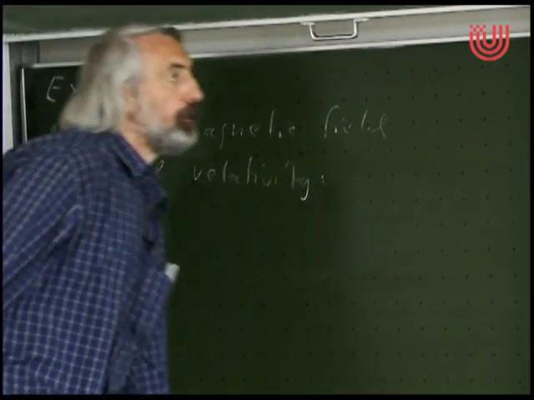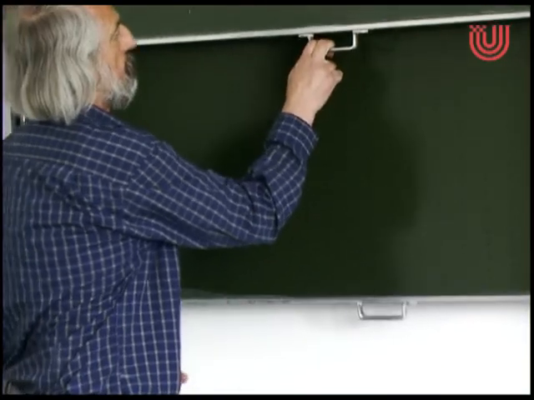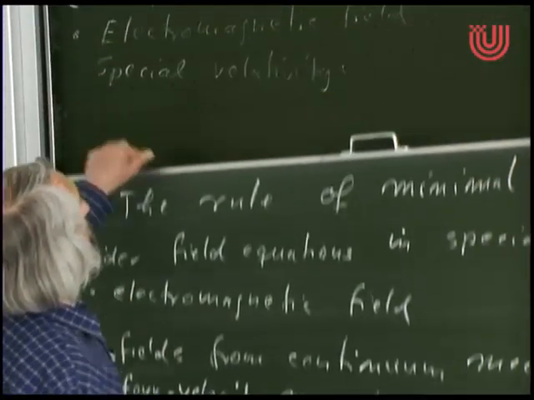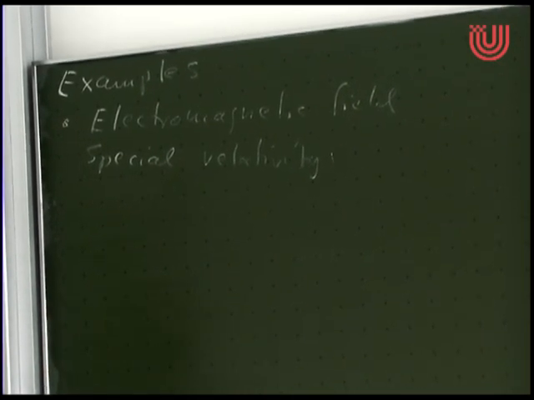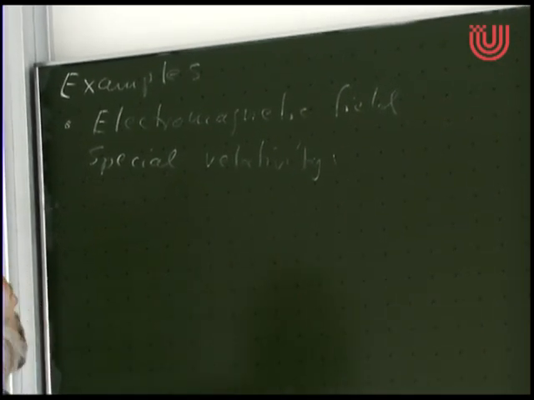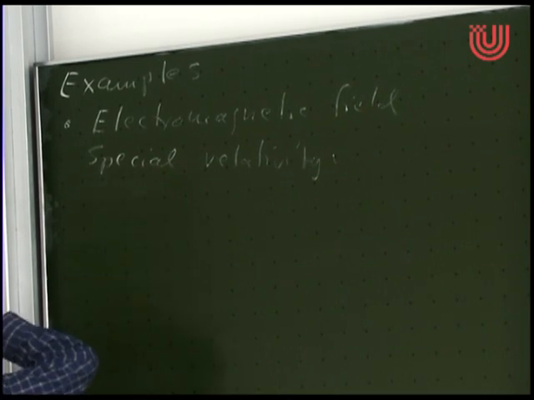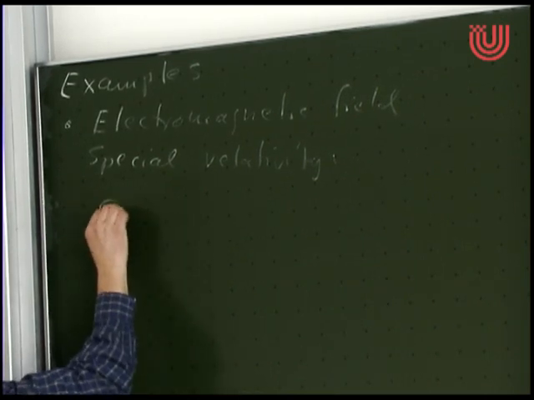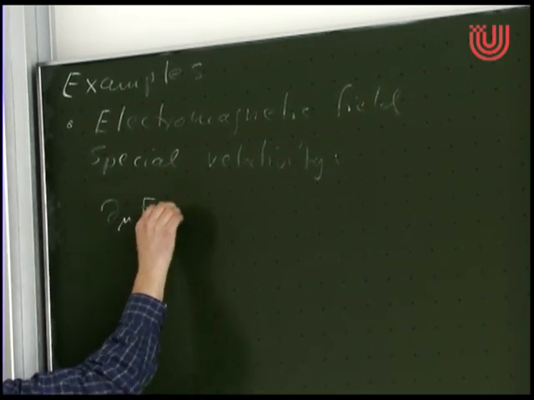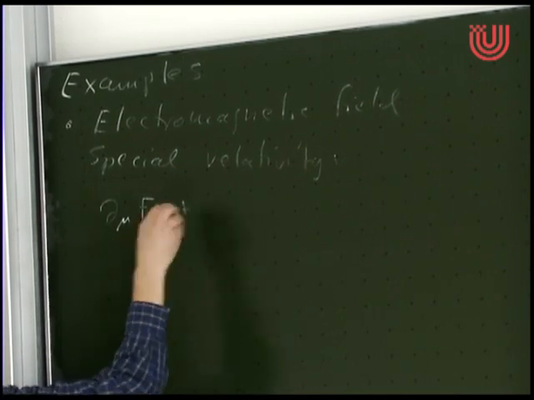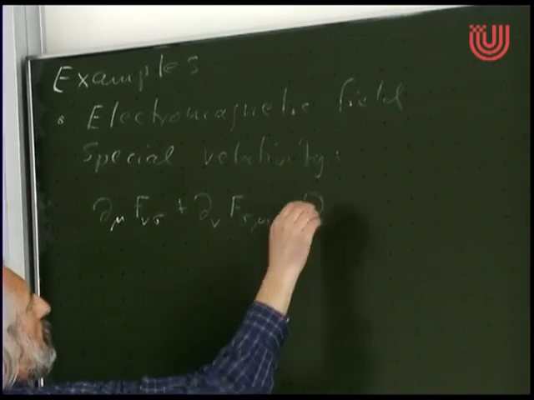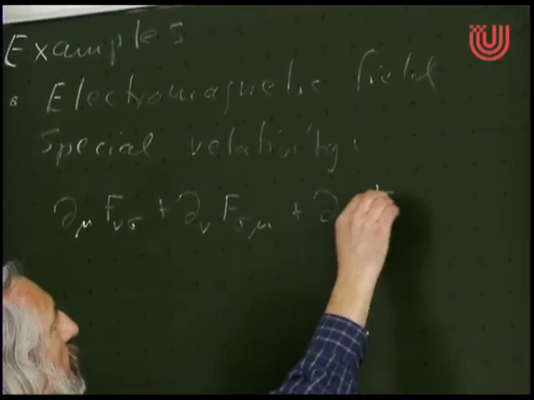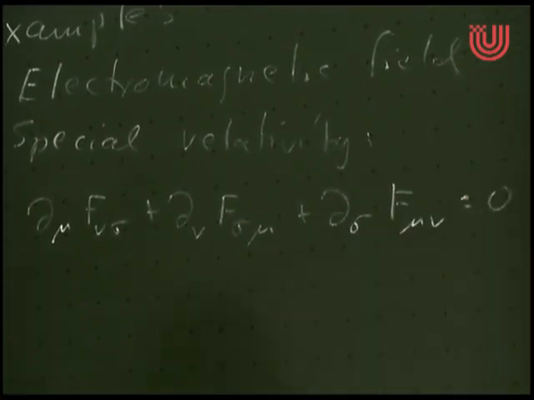Hope everybody remembers. We discussed Maxwell's equations in 4-vector notation to some extent. Not too much detail, but a little bit. So we had the two Maxwell equations. The first one was partial_mu F_mu sigma, and then the cyclic permutation: partial_nu F_sigma mu plus partial_sigma F_mu nu equals 0.